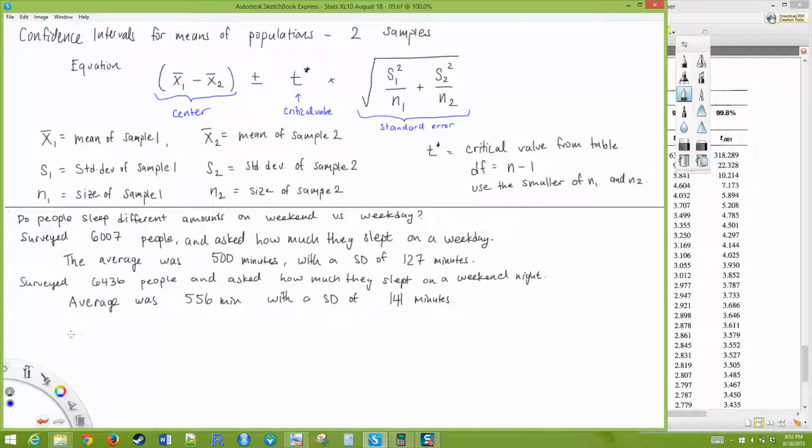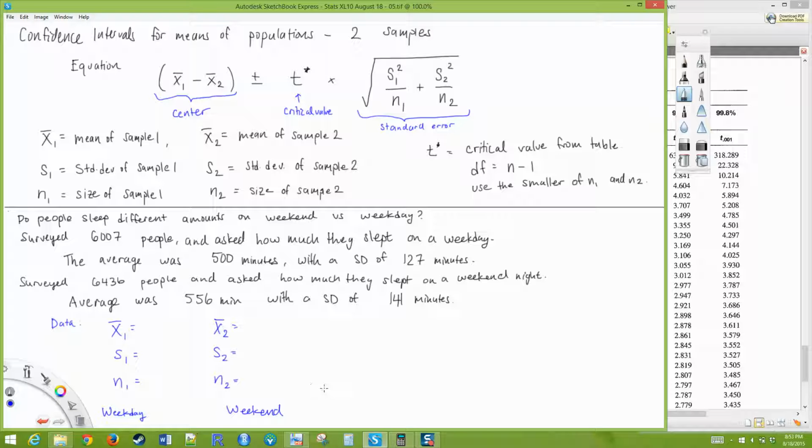So let's just list off our data from the reading of the problem. So I have X bar 1, S1, N1, X bar 2, S2, and N2. Okay, so just arbitrarily we've got to call one of these sample 1 and the other one sample 2. So let's call sample 1 the weekday, and sample 2 will be the weekend. Is that cool?